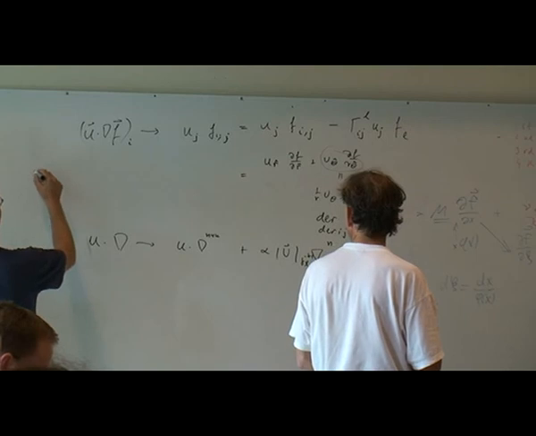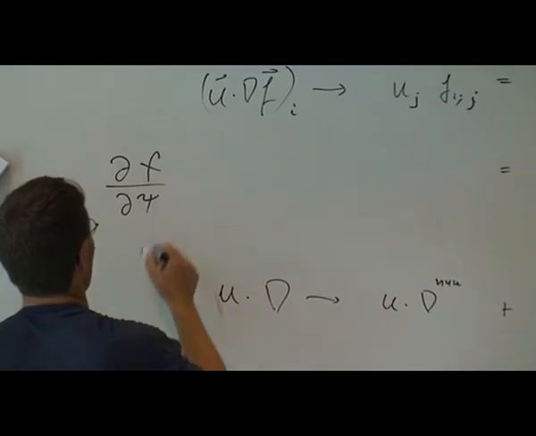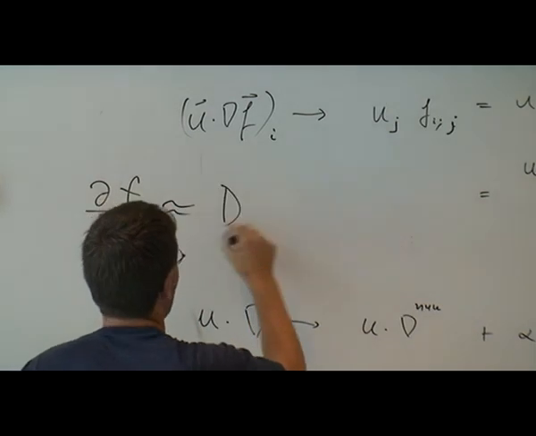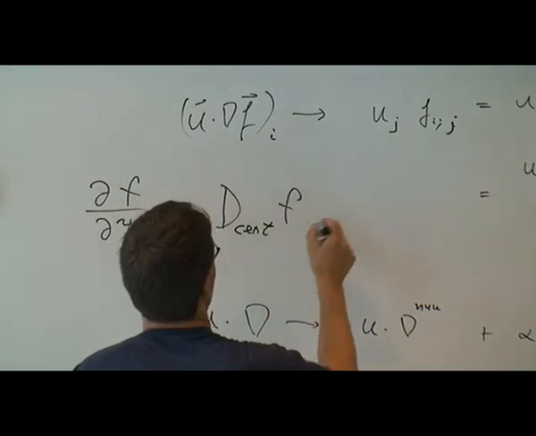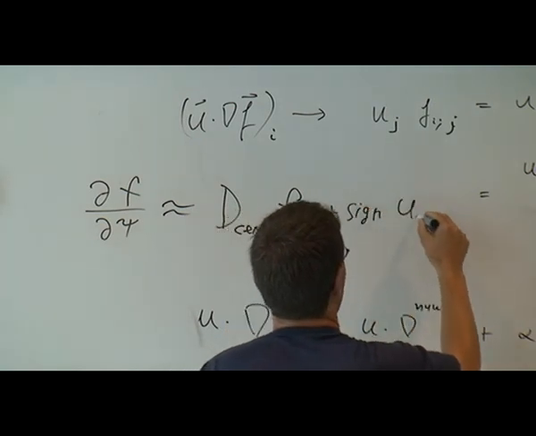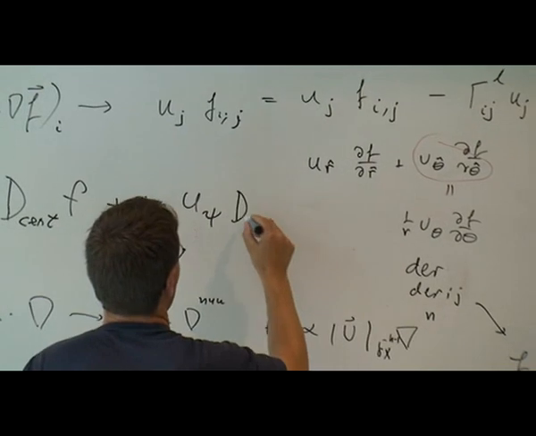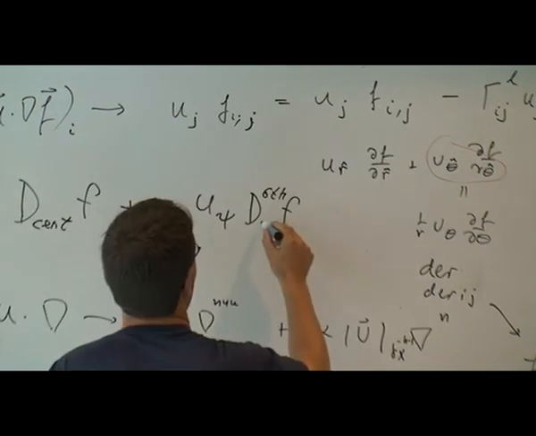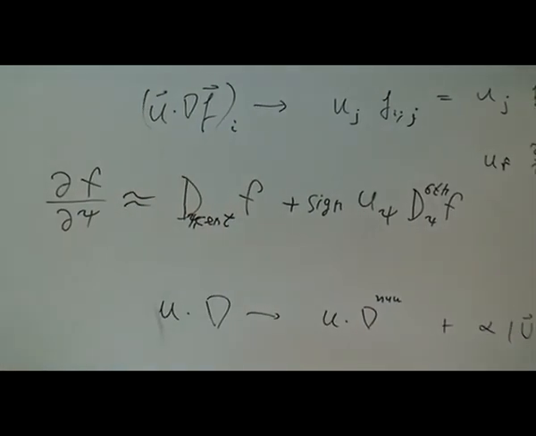But if we just write the first derivative df by d psi, where psi can be x, y, z, theta, whatever you like, as the standard central first order derivative of f, plus the sign of the corresponding velocity component times the centered sixth derivative of f with respect to psi, if we just do it like this, then upwinding should work.